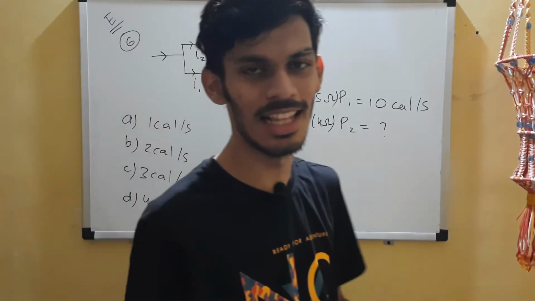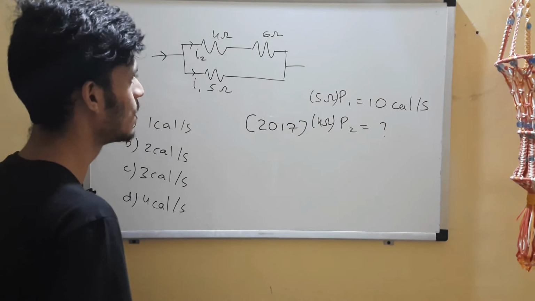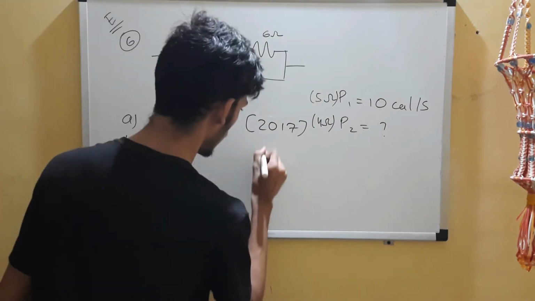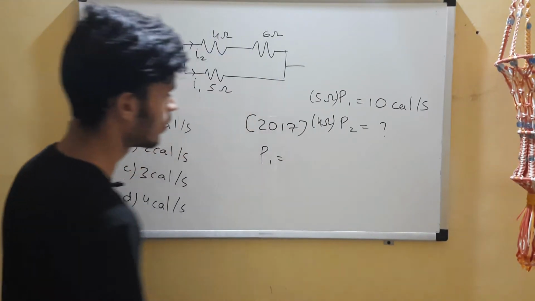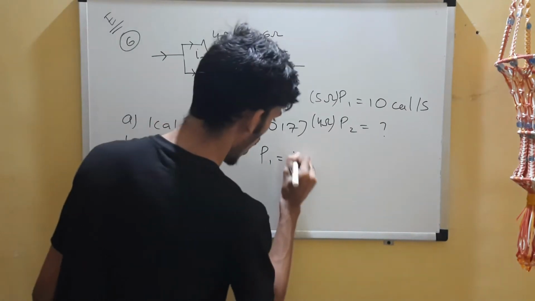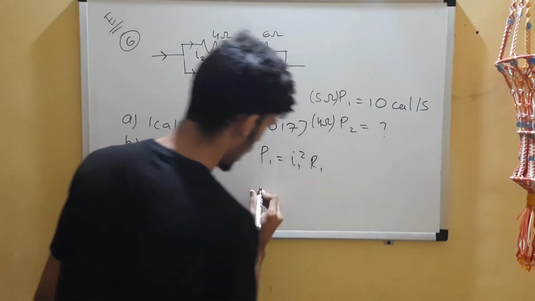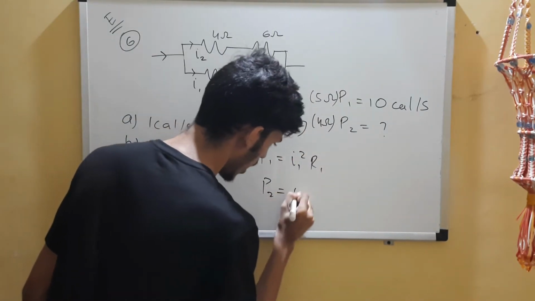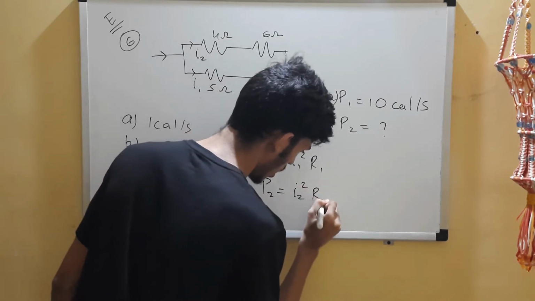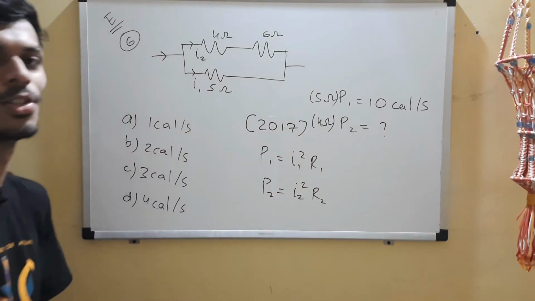But that is a lengthy approach. So we'll use our basic knowledge over here. We'll use the equations of power. P1 is equal to I1 square R1 and P2 is equal to I2 square R2. Using this we'll solve this question.